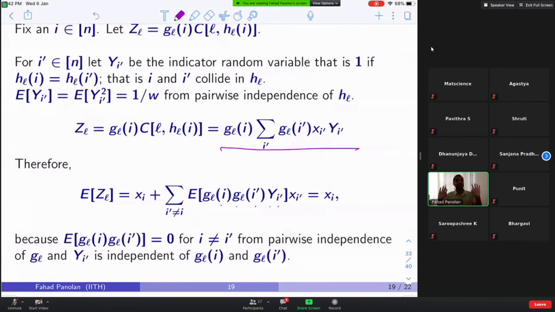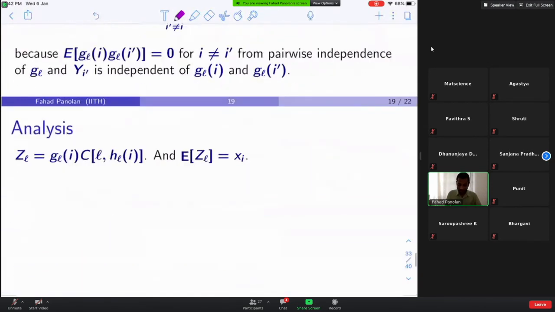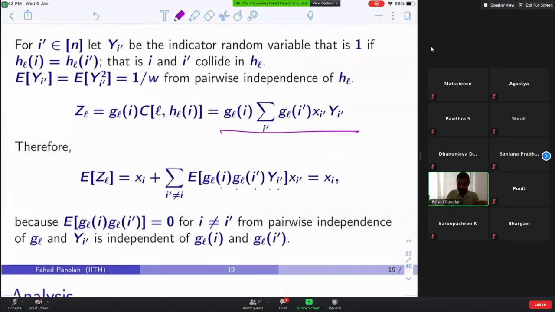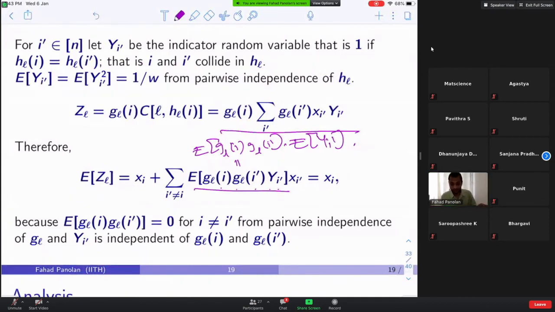How you take HL is completely independent of how you take GL. So because they are independent, I can write this as the expected value of GL of I prime times the expected value of yi prime. Agree? Yeah. Is that clear? Okay.